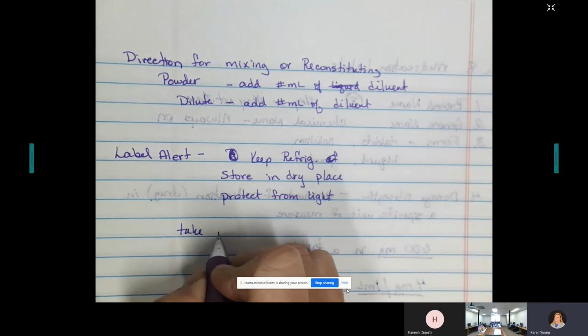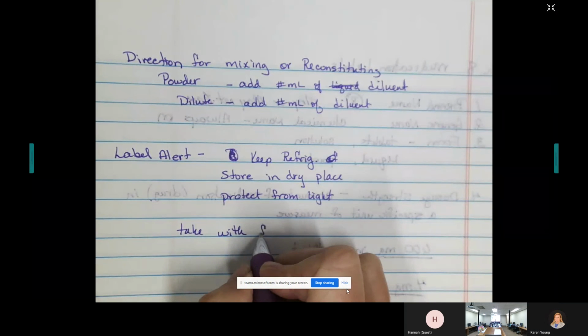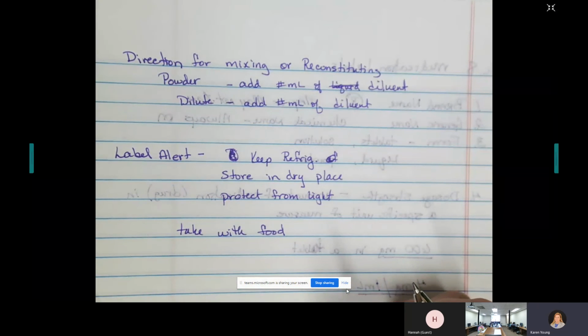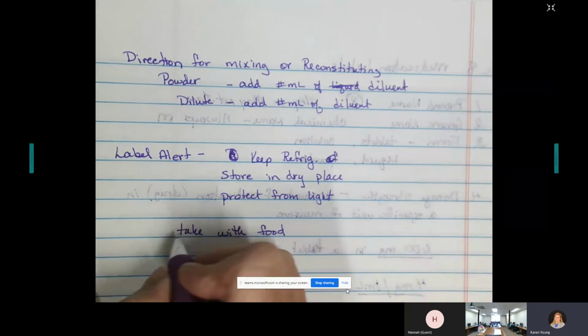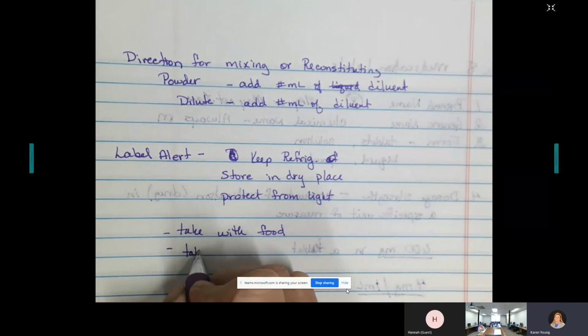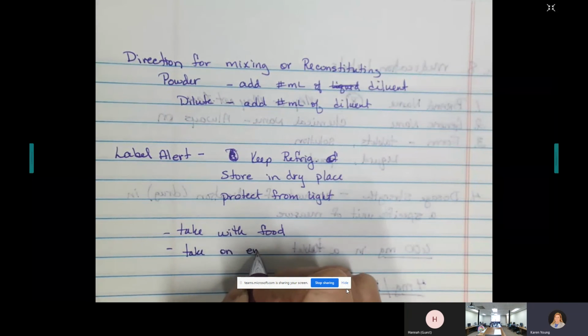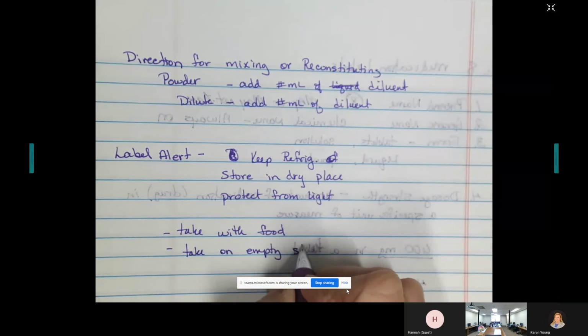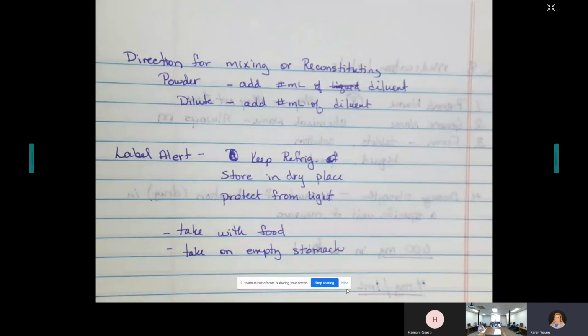Take with food is another one. Or sometimes you may have take on empty stomach. So you're going to have different kinds of label alerts. Some of them come on the actual label. Some of them the pharmacy will add to it before.